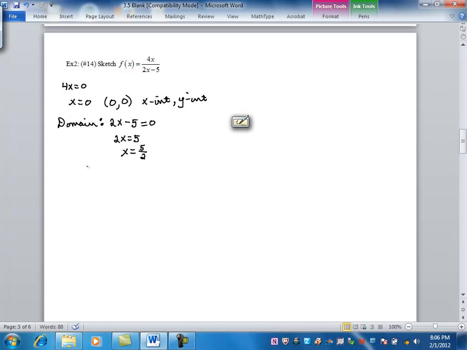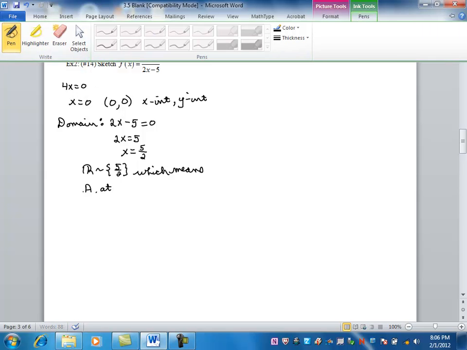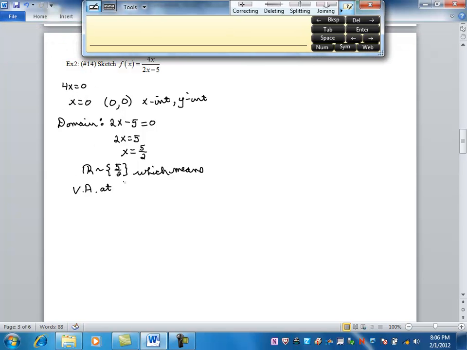So my domain is all reals except for 5 halves, which means I have a vertical asymptote, not a horizontal, my mistake. Anywhere the denominator is equal to 0, I have a vertical asymptote. There we go.